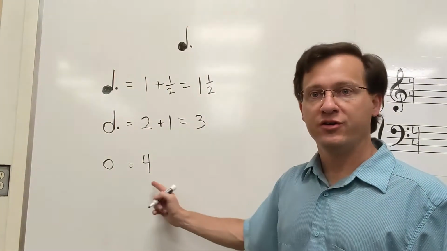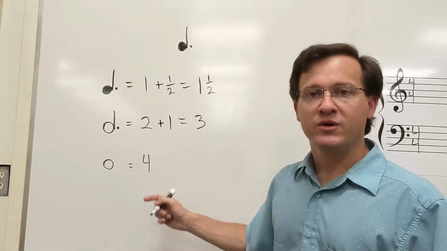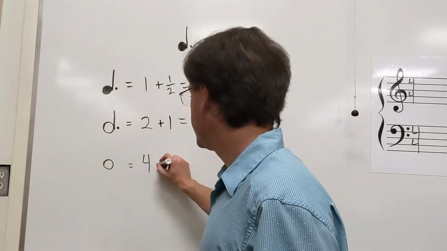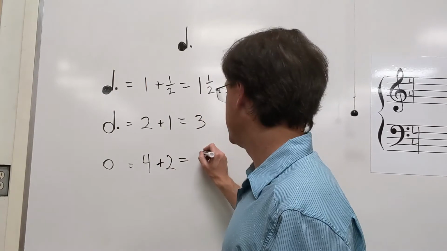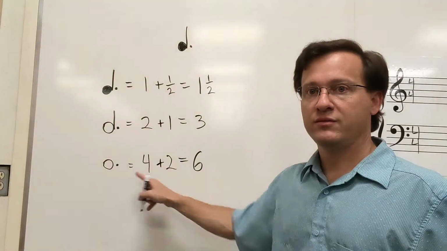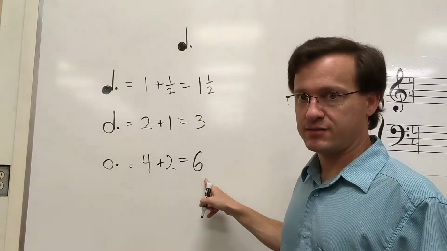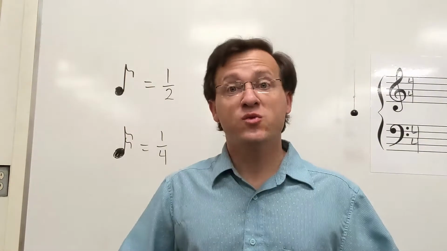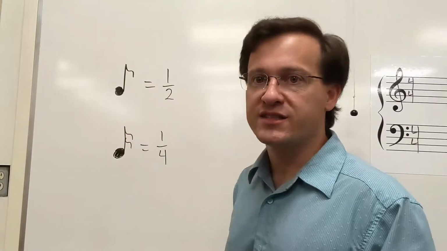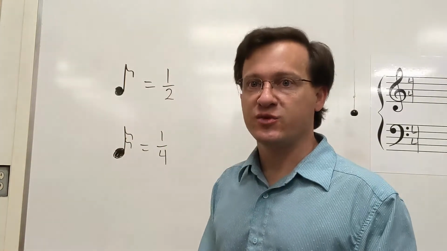Whole notes are 4 beats long. What's half of 4? 2. So I'll add 2, and my new value for my dotted whole note is 6 beats. But guess what? It's not ending there. You can also add dots to your smaller sized notes, and it changes those ones as well.